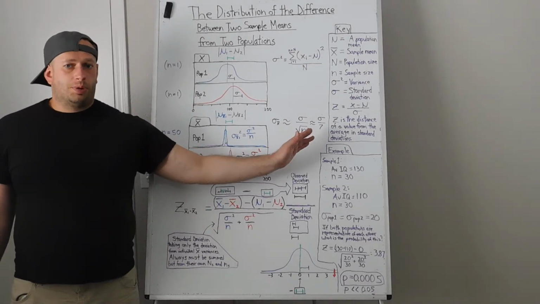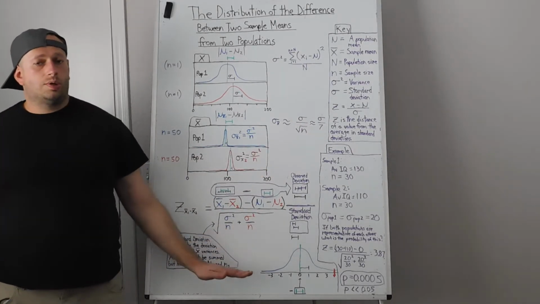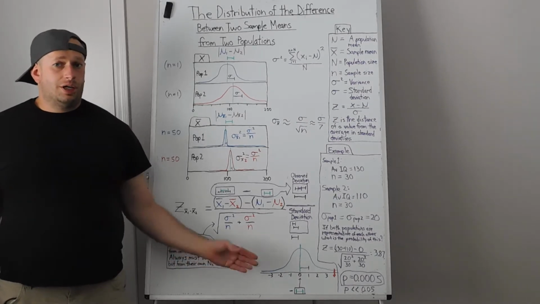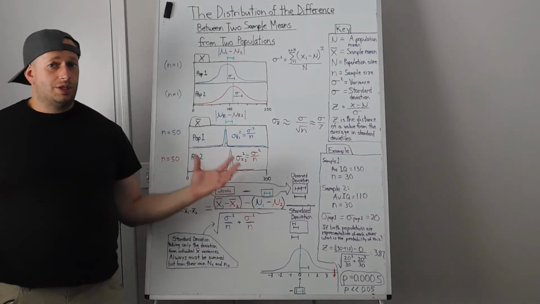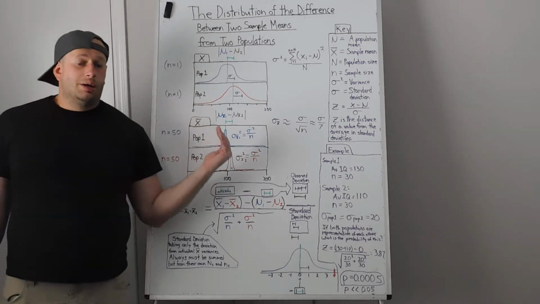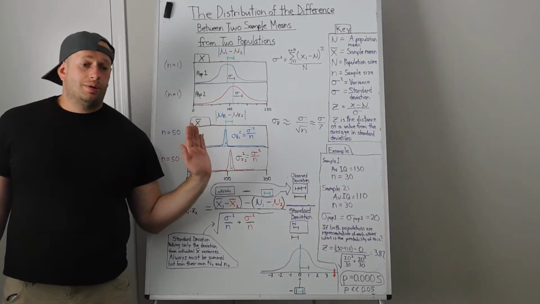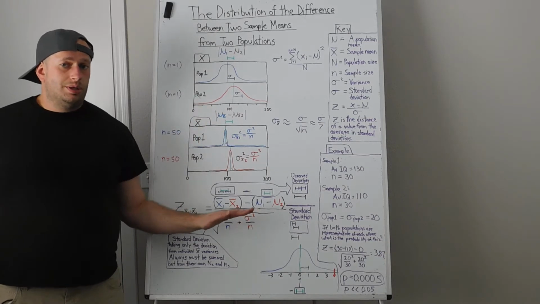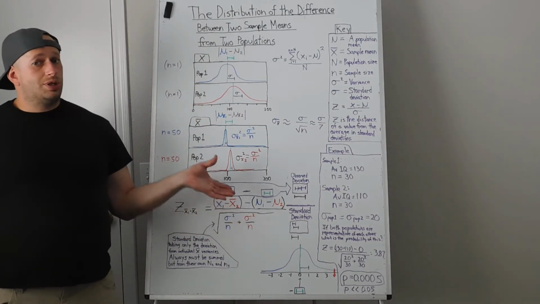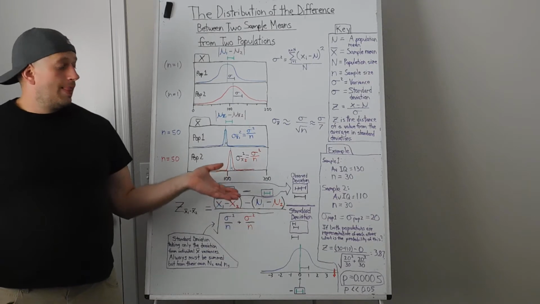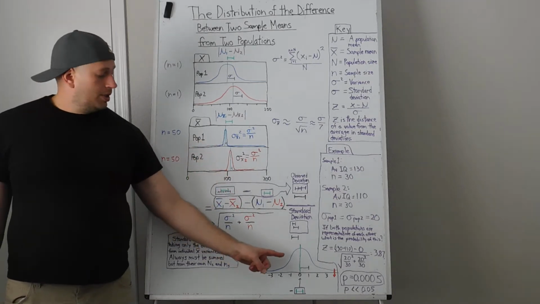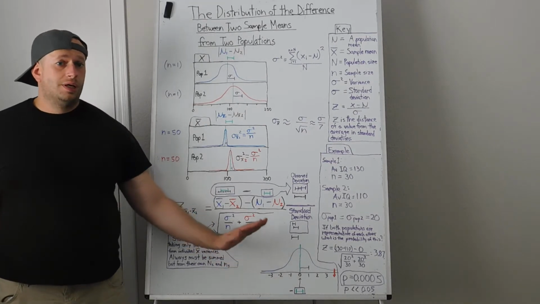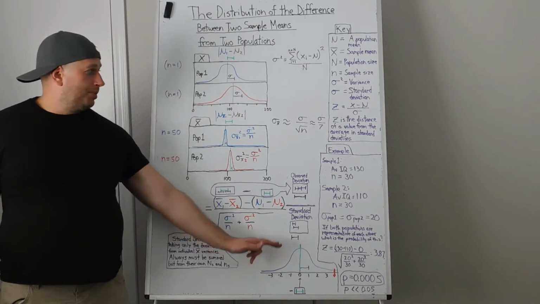And that's how you can find the probability, because we're assuming that it follows the normal distribution. The more values you have, especially the higher the sample size, and the higher the population size compared to the sample size, even though the sample size is at least 30 or larger, the more of a normal distribution you're going to have when you have a lot of members in that population.